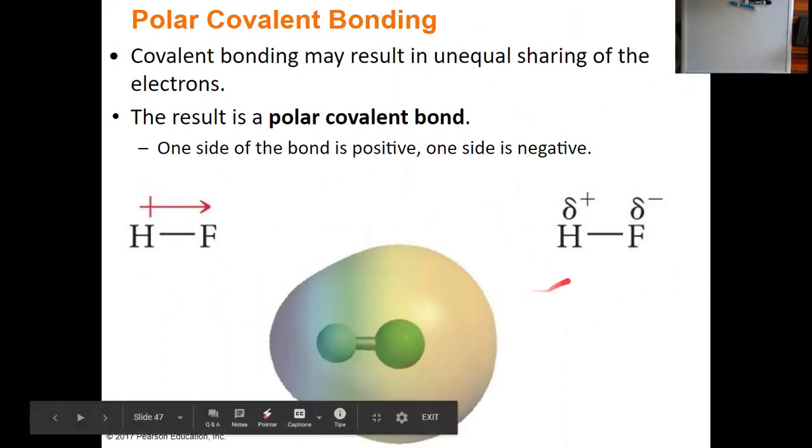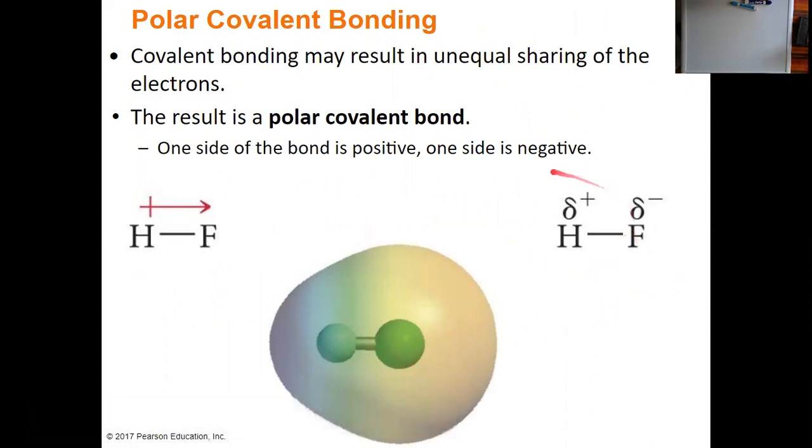That creates a negative end, and it leaves the hydrogen over here with a slightly positive charge on it. But it's not a full transfer. This is still part of the same molecule. This is how you note a dipole that's within a compound.